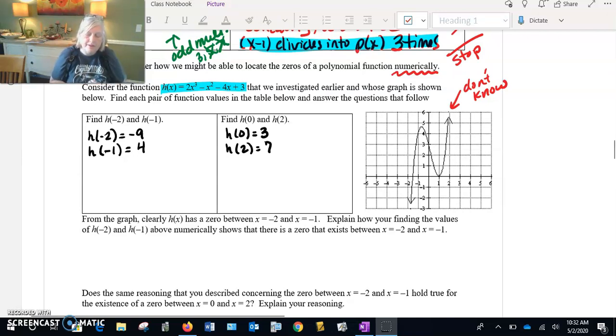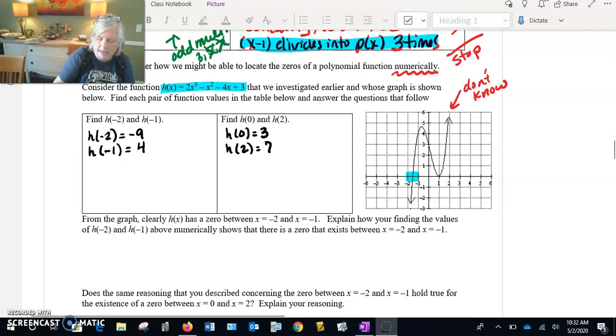Now, when I find the value of h of -2, which is -9, and the value of h of -1, which is 4, what does that say to you about whether or not there's a 0 in between -2 and -1? What about that reminds us of what we did earlier in this problem?